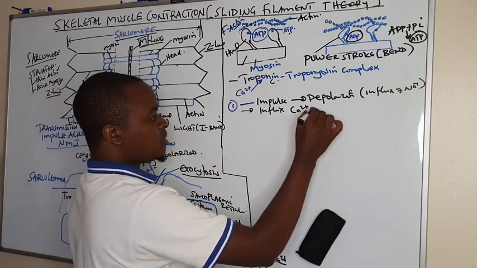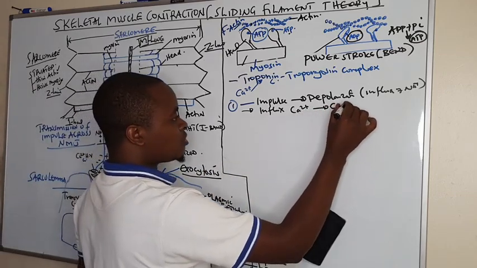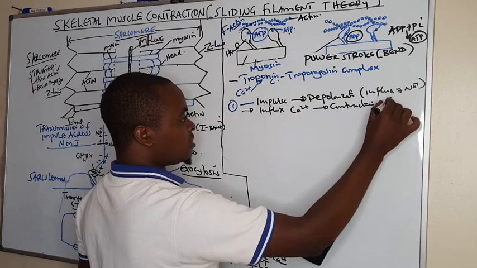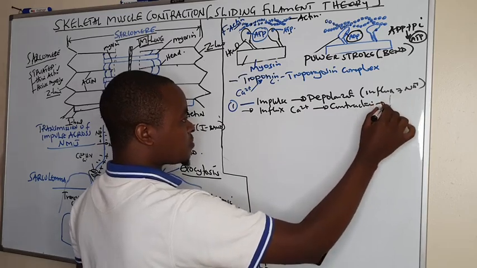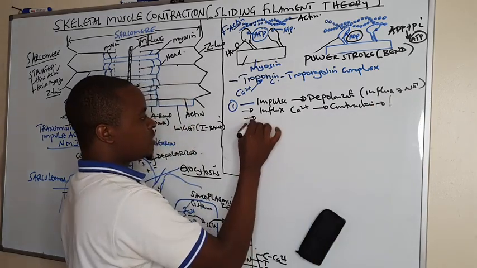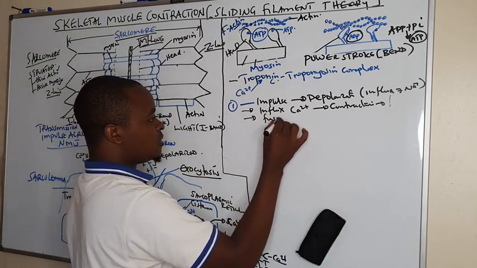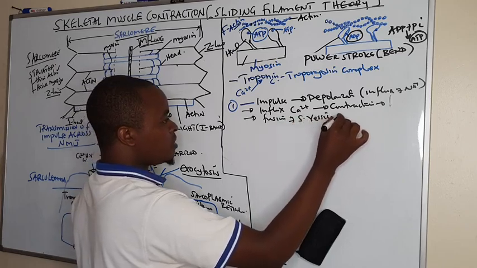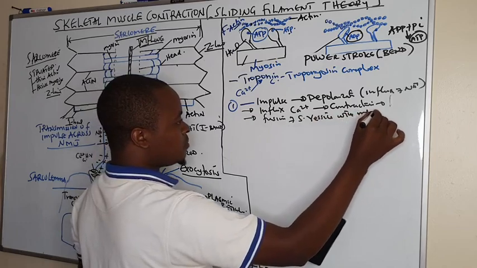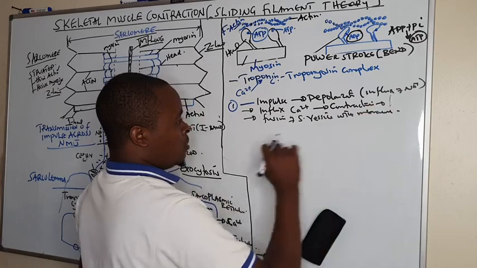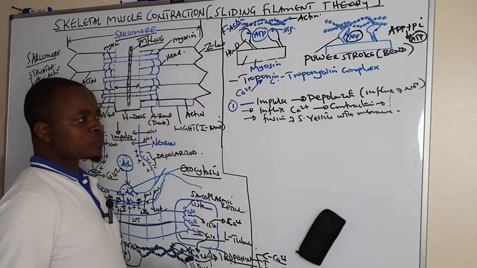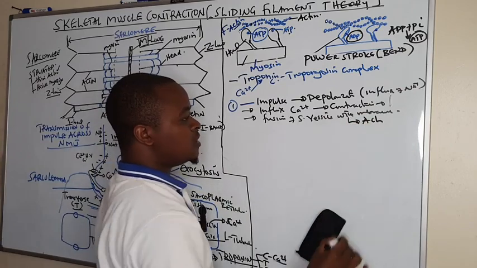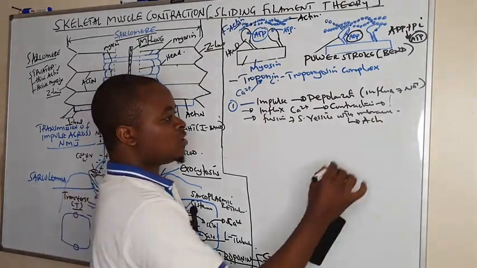This influx of calcium ions brings about fusion of the synaptic vesicle with the membrane, leading to release of the neurotransmitter acetylcholine by exocytosis.